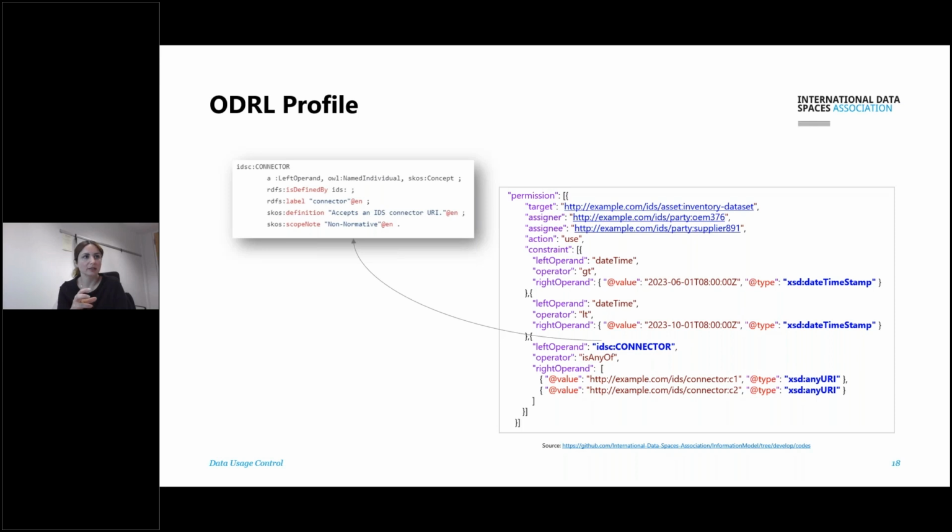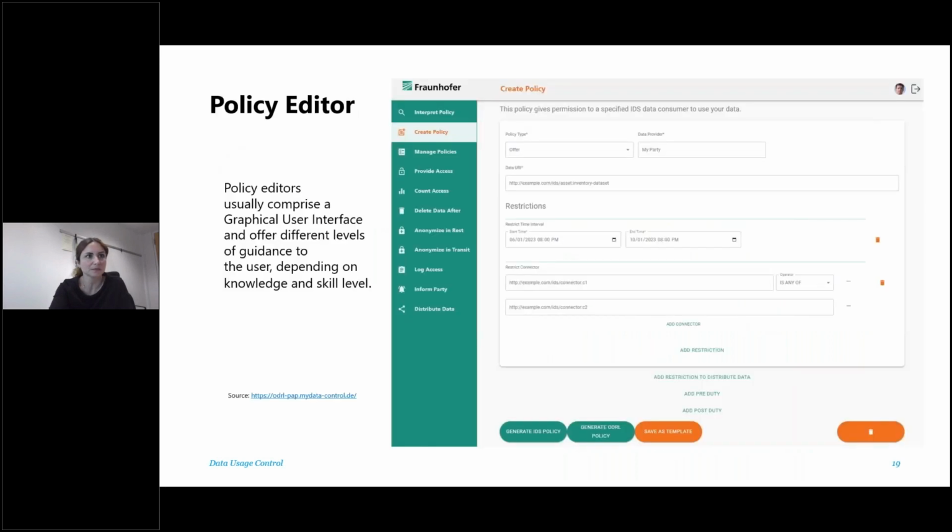You can find it in the information model of IDS. It is defined that it accepts an IDS connector URI. And so in the policy, you can say that my data, which is an inventory data set, can be used from 1st of June until 1st of October, and only connector C1 and connector C2 can use my data.